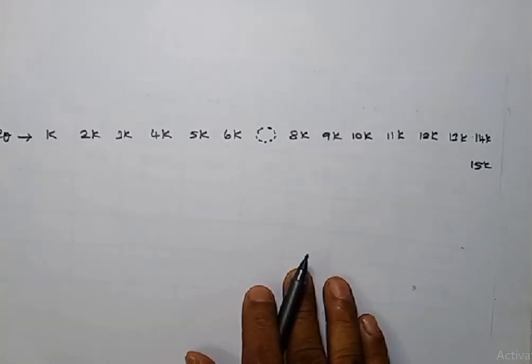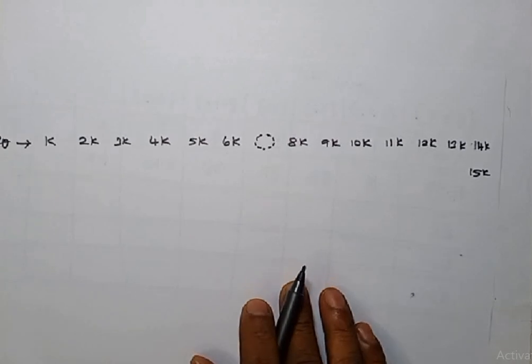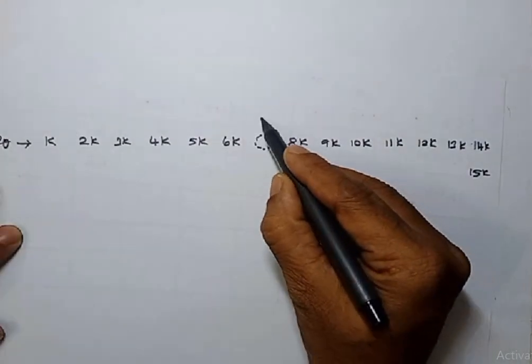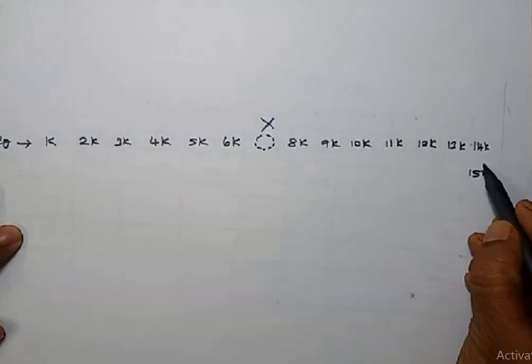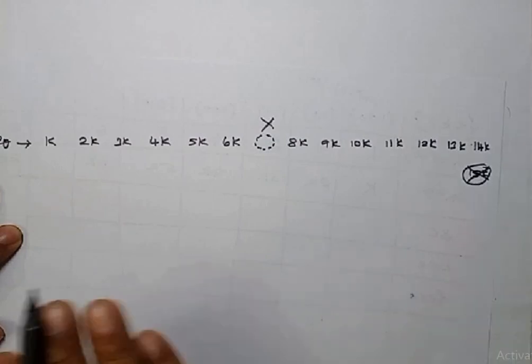Observe carefully, this is very, very important. Here 7K is not possible. Similarly, 15K is also not possible.